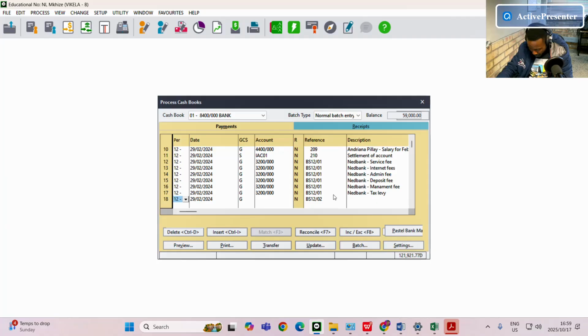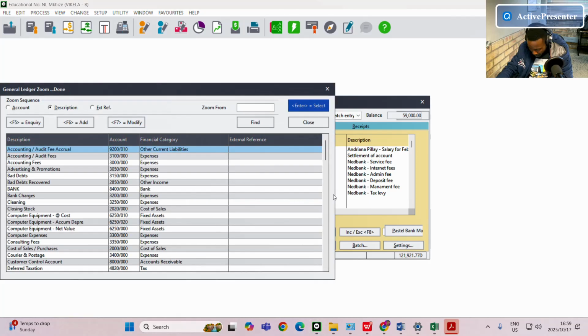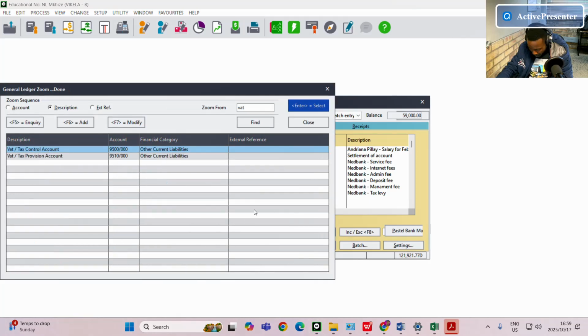It says the direct deposit is from Yekana Bombani. So that's money coming in. It's not a CPJ item. It says the internet account transfer was for SARS in payment of VAT due. So this one was a payment to SARS. So I'm just going to write VAT control account.